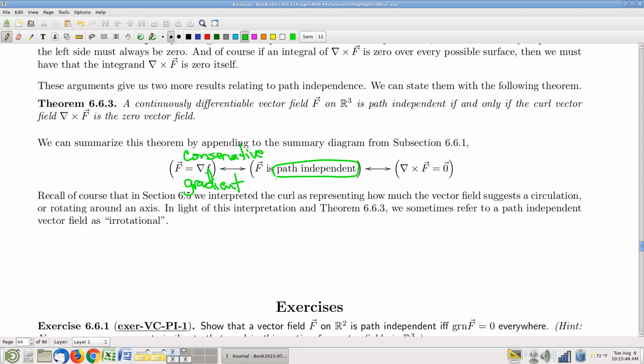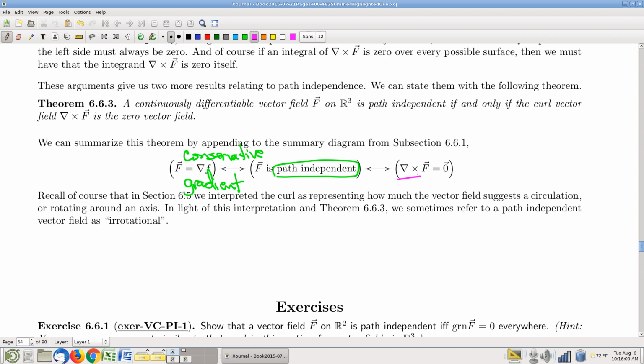And now we have this new thing, a vector field whose curl is 0. Remember that curl says to what extent your vector field represents a fluid that's got a vortex in it, some sort of a circulation happening of the fluid. That's what curl looks like.